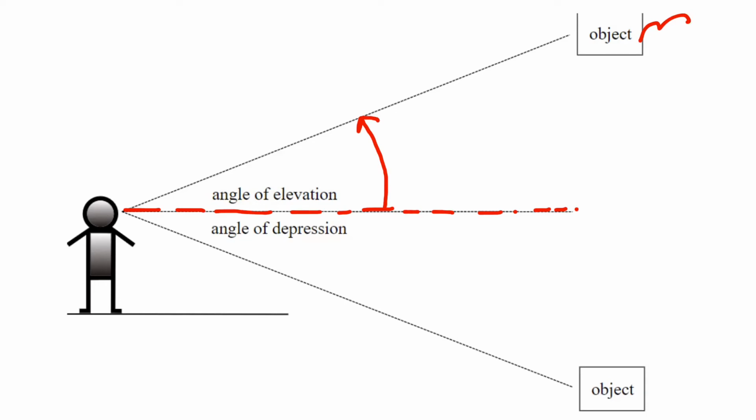So that's considered an angle of elevation when you're looking up to see the object. Now, on the other hand, if you have to look down to see the object, like if you're up in a tower looking down and observing an object on the ground, then you're looking down from the horizontal and you're sighting an object at a certain angle that's below. So it depends on whether you're looking up from the horizontal or down from the horizontal.